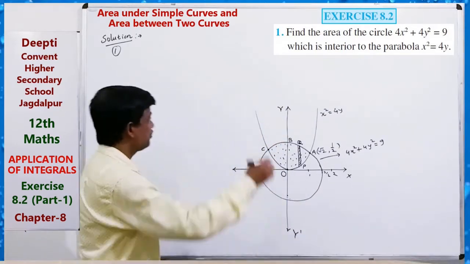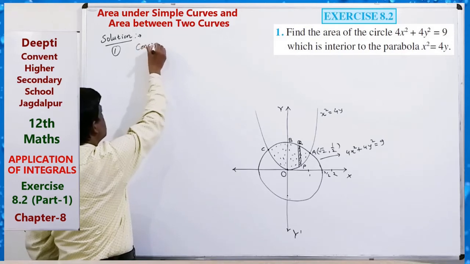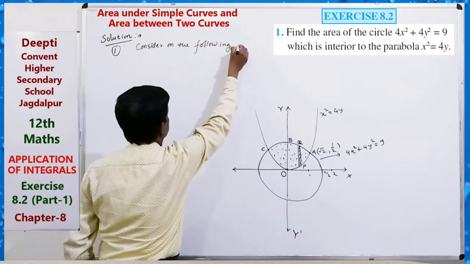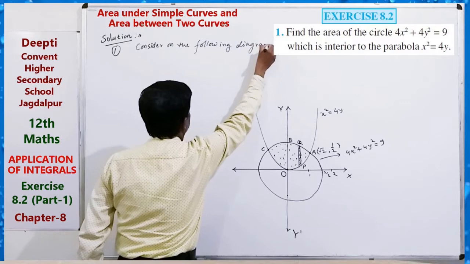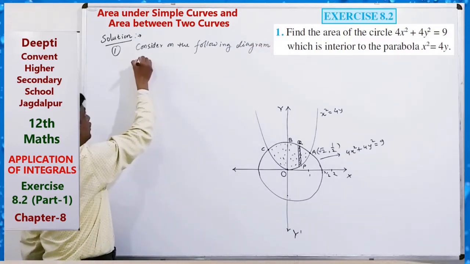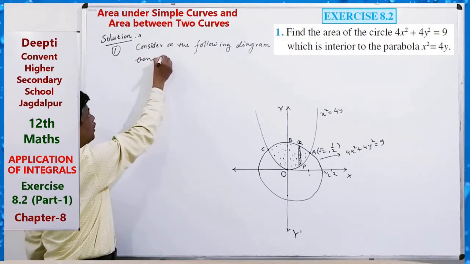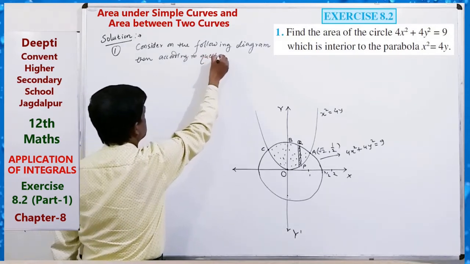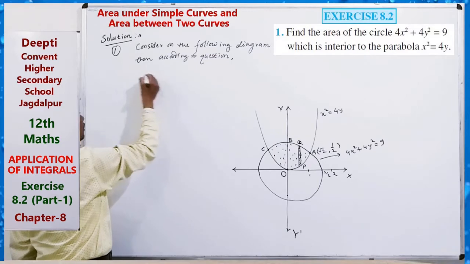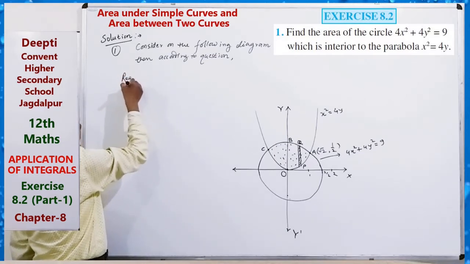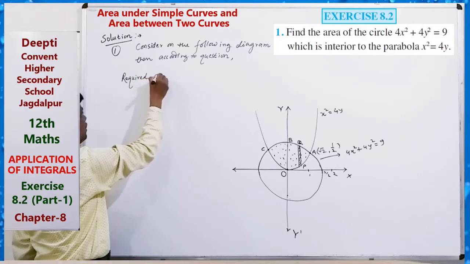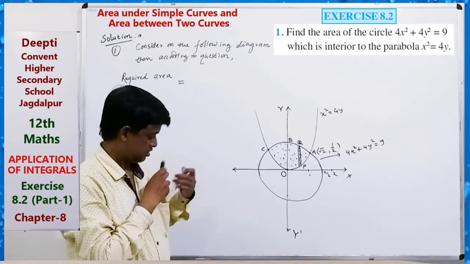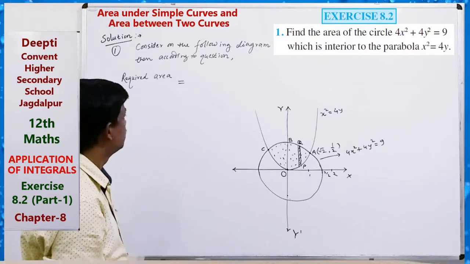Now very simple. So write, consider the following diagram, then according to the question, the required area equals to the area that we will find.